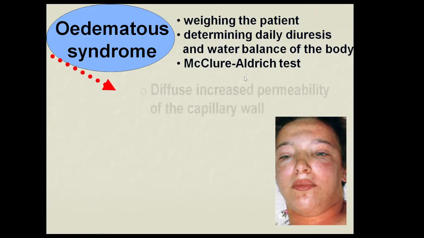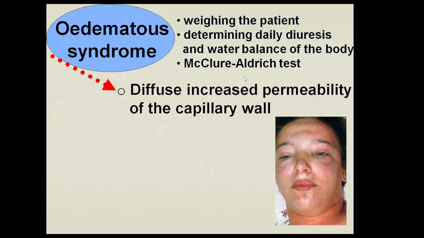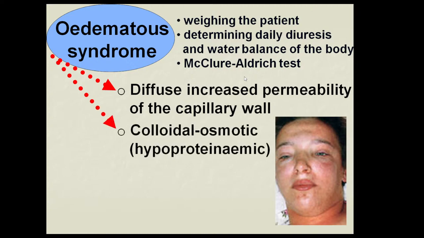Mechanism of formation of edema. We distinguish four main mechanisms of formation of edema. First of all, due to diffuse increased permeability of the capillary wall, when the plasma easily absorbs into surrounding tissue. Another way is the colloidal osmotic mechanism, in other words hypoproteinemic, when there is no oncotic pressure to hold liquid inside the vessel.